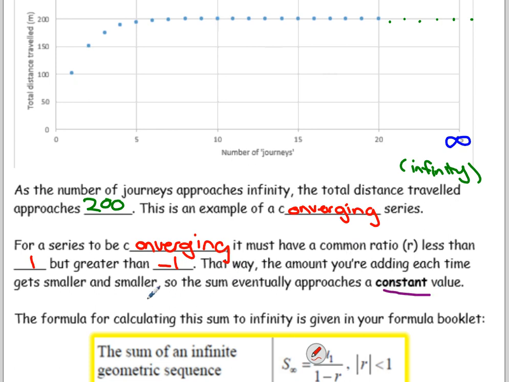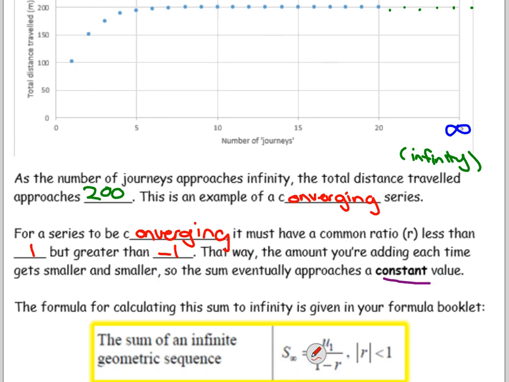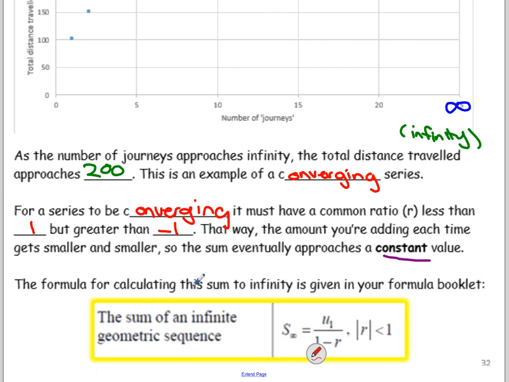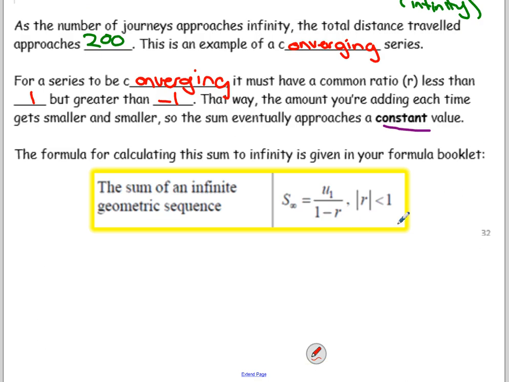So that's how they came up with this formula for calculating the sum to infinity, which is this one right here. Because the sum to infinity ends up approaching a constant value, and that constant value can be approximated using this formula. Does anyone know what the two lines either side of r mean? Absolute value, yeah, good.